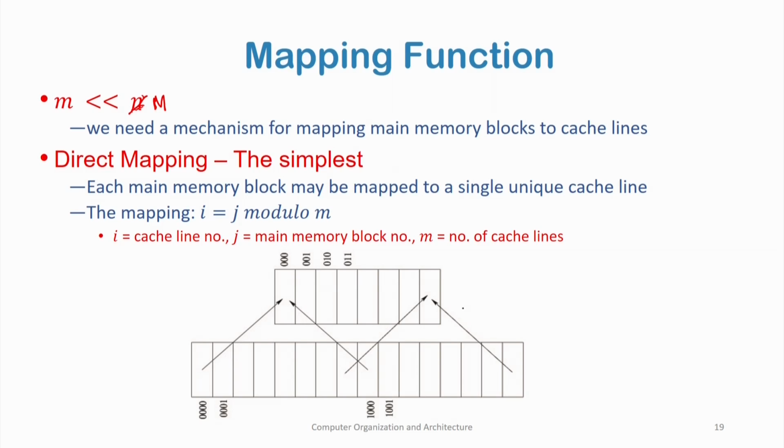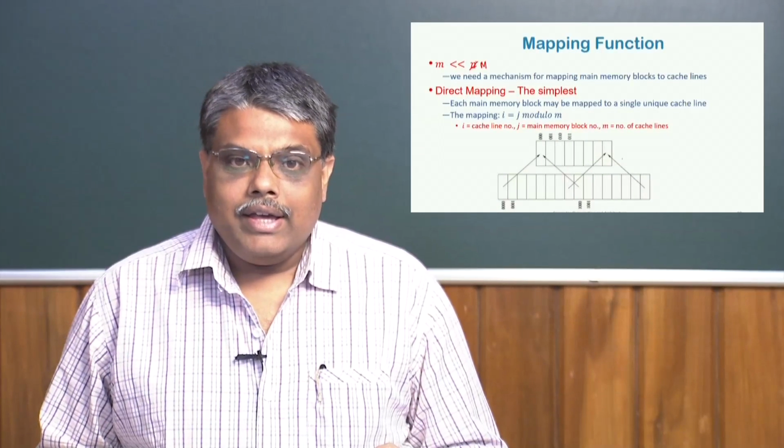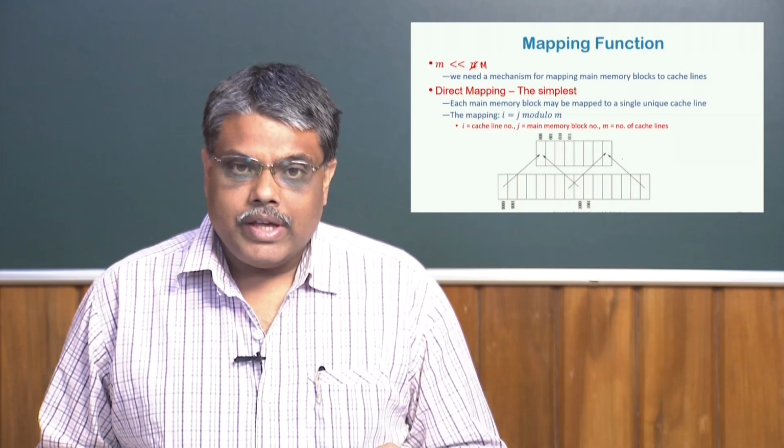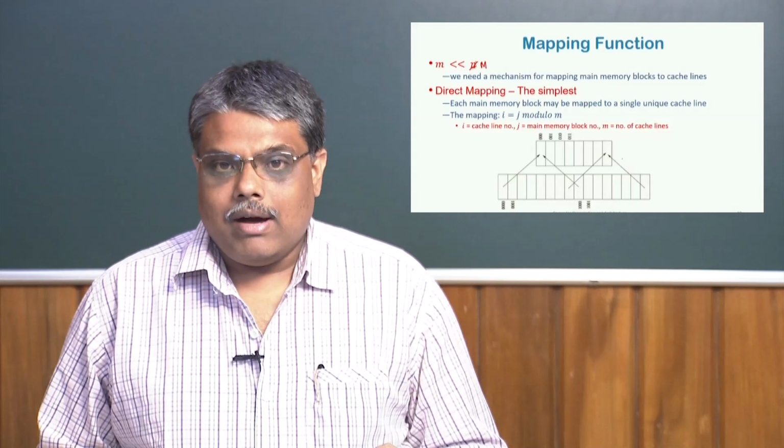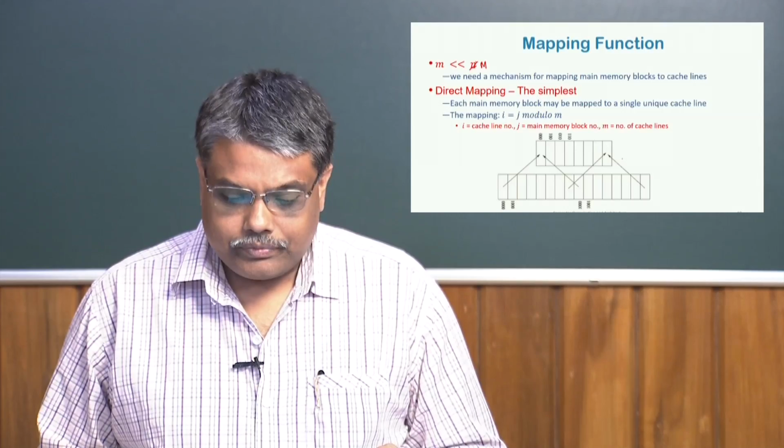In this, each main memory block may be mapped to a single unique cache line, and the mapping function is given by i equals j modulo m, where i is the cache line number, j is the main memory block number, and m is the number of cache lines.